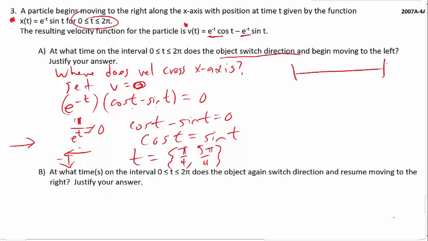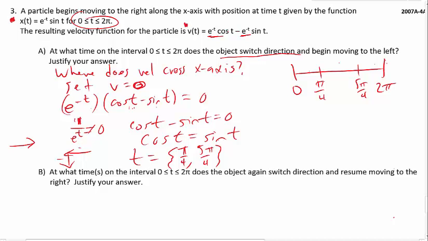So if I plot my critical numbers on this interval, I have pi over 4 and 5 pi over 4. And I need to pick a number from each section of number line to plug into the first derivative, the velocity, and see what the sign is, positive or negative.